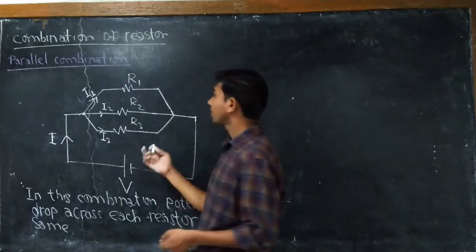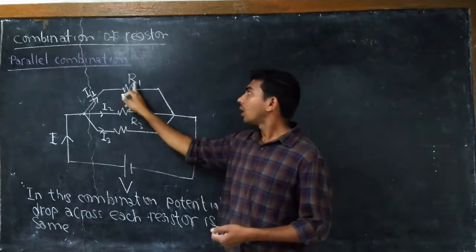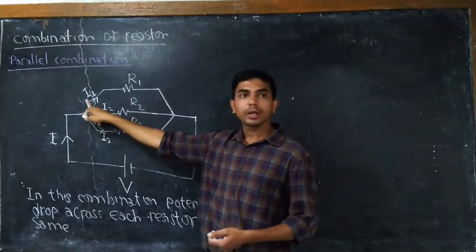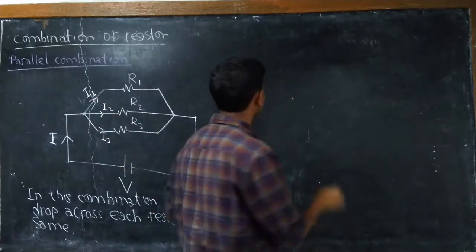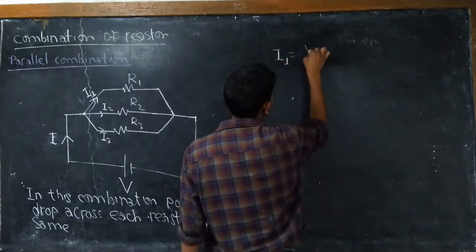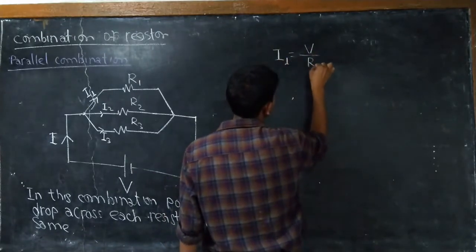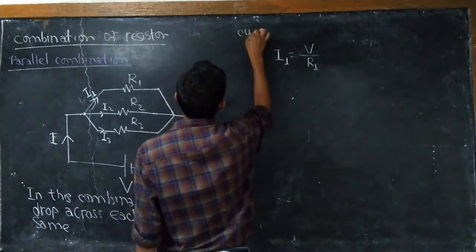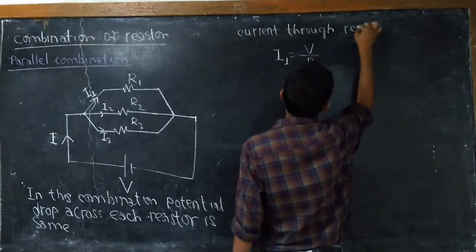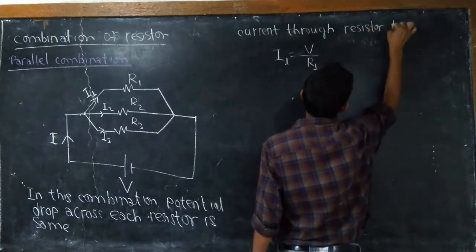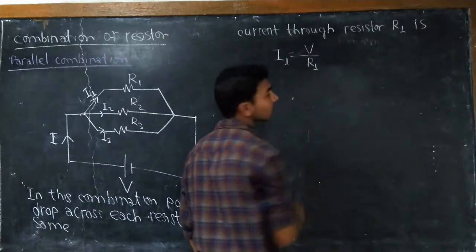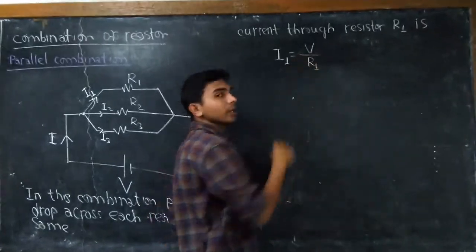Now from here you are able to see R1, through R1 how much current is passing? I1. So the current through resistor R1 is I1, and that I1 is V by R1, right?